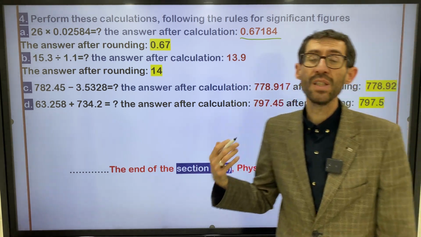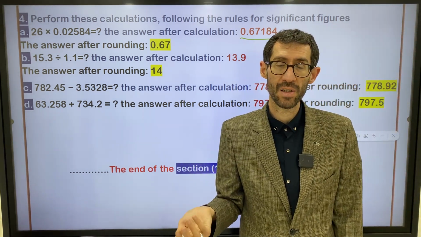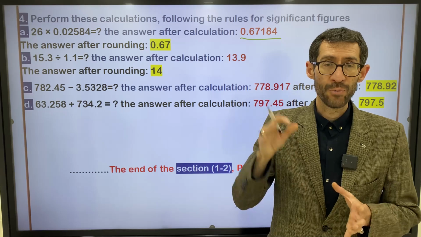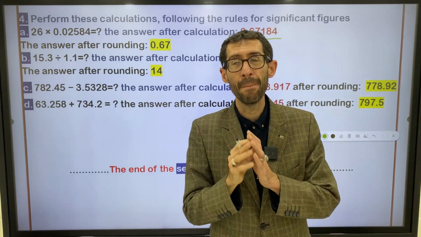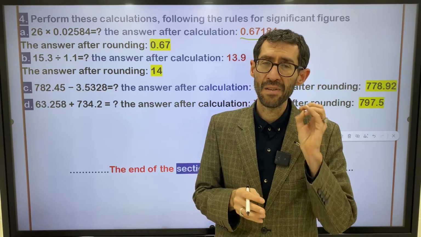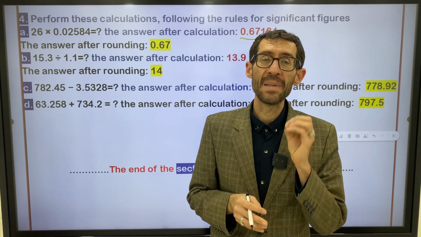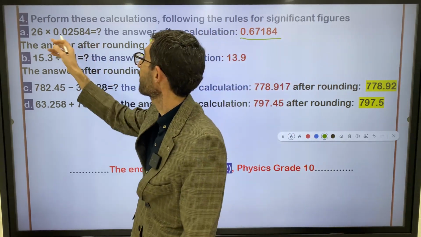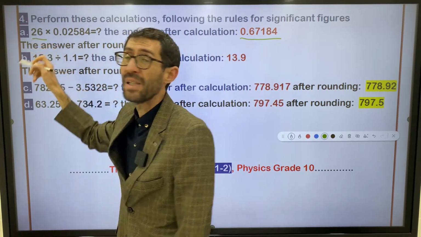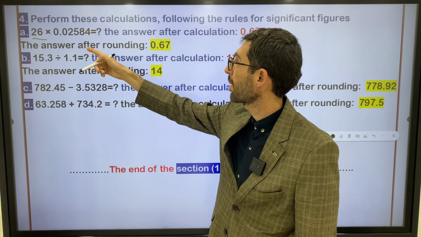In this situation, we want to round it, right? But round it to how many sigfigs actually? I told you in the case of multiplication and division, you have to concentrate on the number with the least significant figures, the minimum sigfigs. So which one has a minimum sigfig? Actually, this one. How many sigfigs are there in this number? 2.